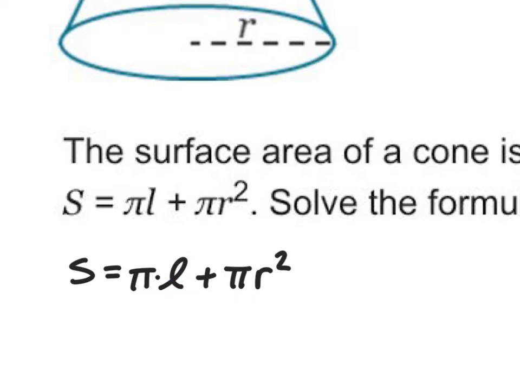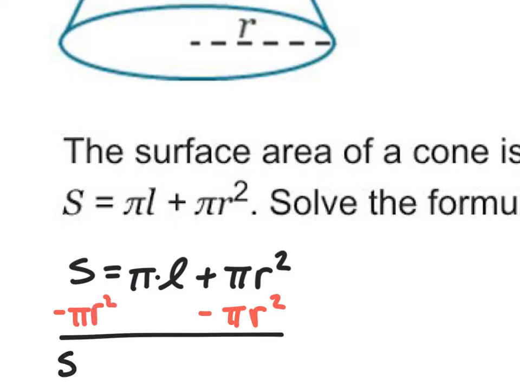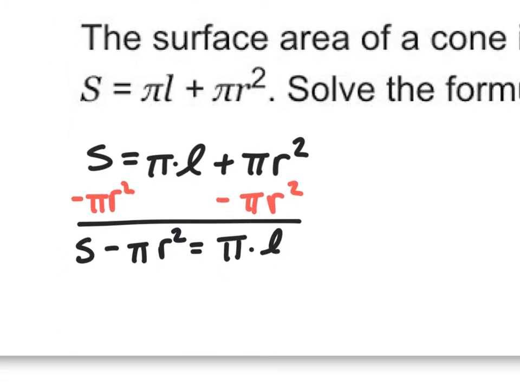The first thing I'm going to do is move this term right here, this pi r squared. If I subtract pi r squared from both sides, then my next step is S, my surface area, minus pi r squared is equal to pi times the slant height L. Now, to solve for the slant height L, all I want to do next is divide both sides by pi.